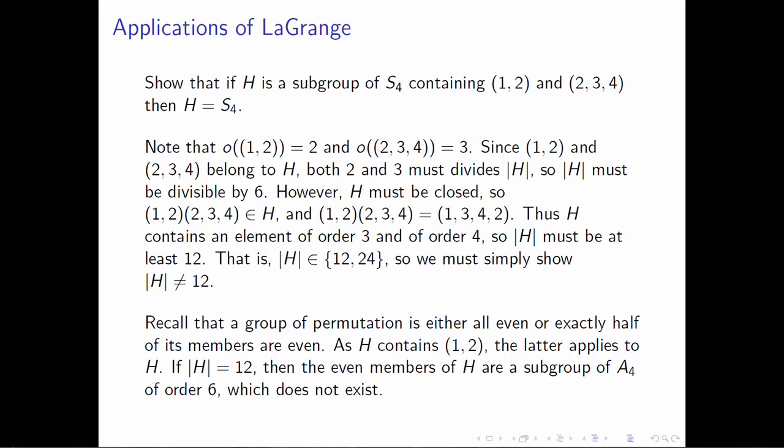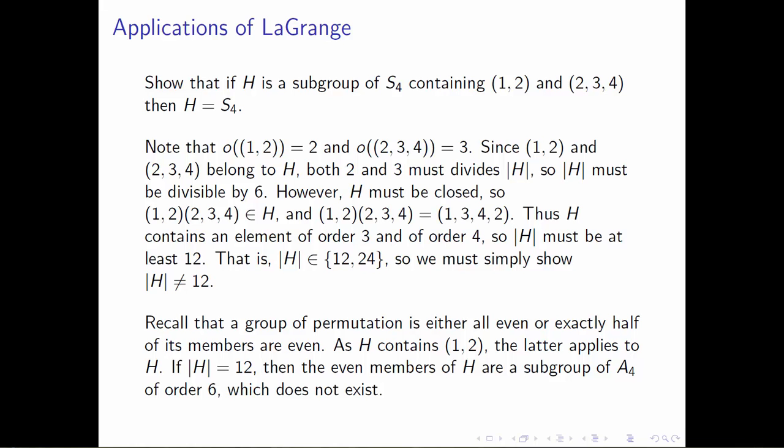Now, if we're assuming that the order of H is 12, then when we take a look at the subgroup of even permutations of H, it has order half of the order of H, which is 6. And so here we are, sitting inside of H, and the collection of even permutations inside of H is a group of order 6, just of even permutations.